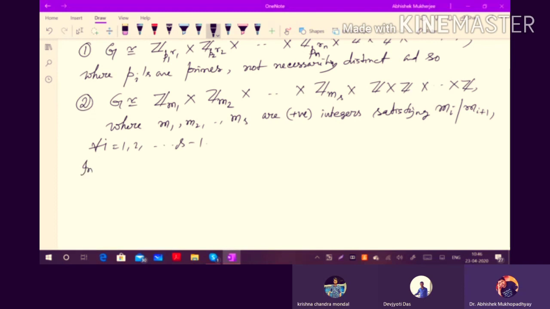In both the cases, the direct product is unique.